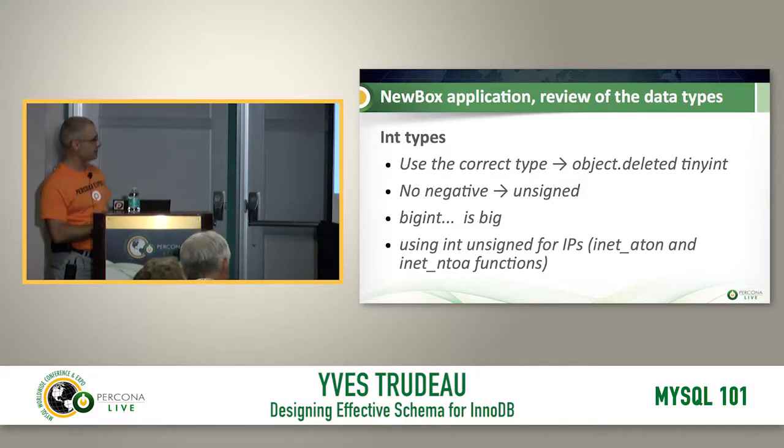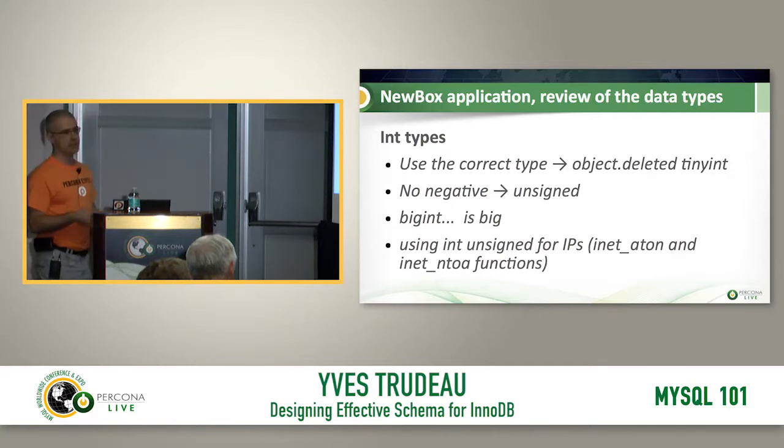Next, int types. In our example, we had deleted as an int, 4 bytes. But it's really a flag. It's 0 or 1. So in such a case, a tiny int would do it. It's possible to set bits. I'm not covering it here, but you can use a bit type too.